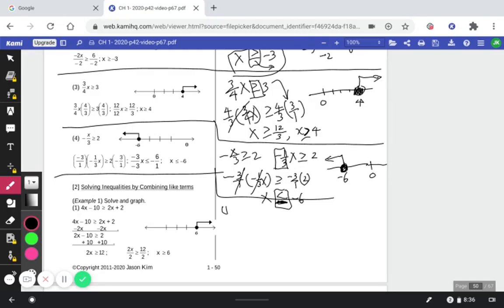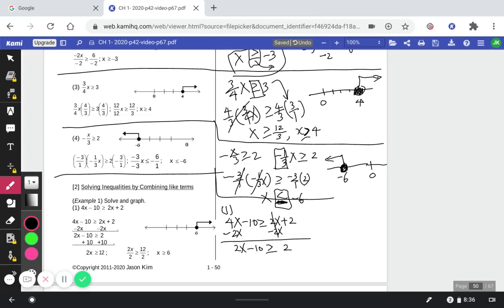Number one, solve and graph 4x minus 10 is bigger than or equal to 2x plus 2. So you have x on both sides of this sign. The rule of thumb was to move the smaller x, right? So you take away 2x because 2x is smaller than 4x. So you get 2x minus 10 is greater than or equal to 2.